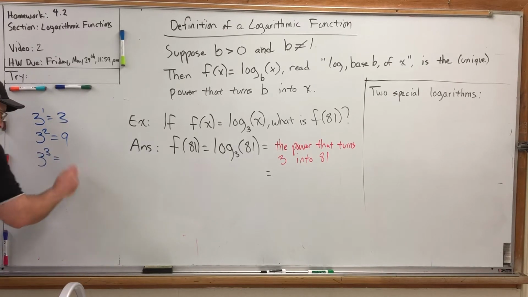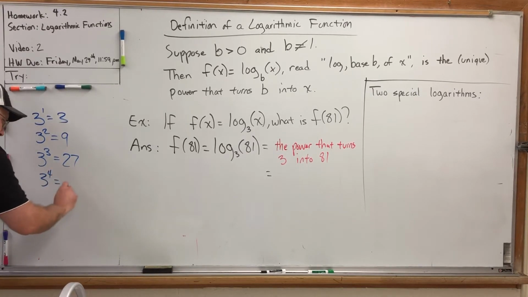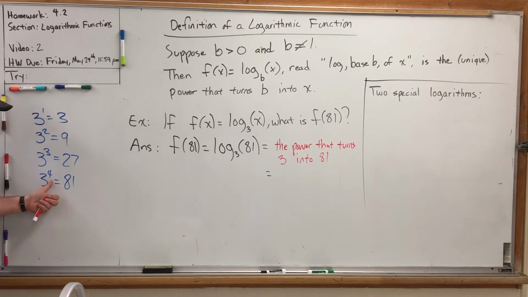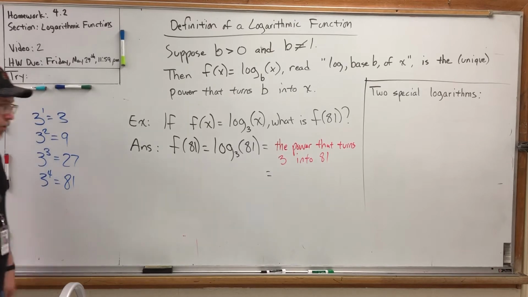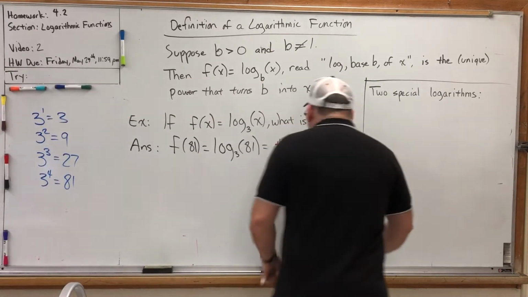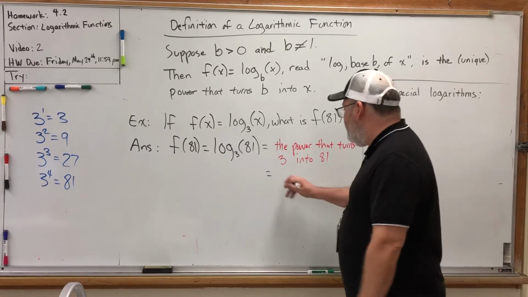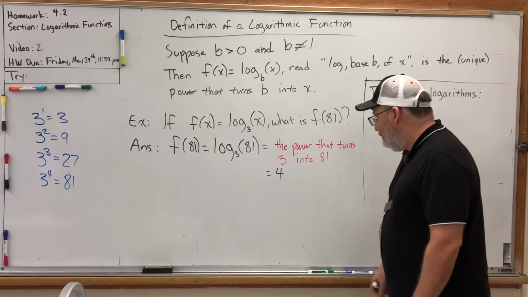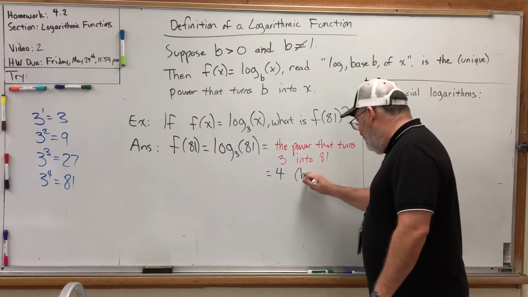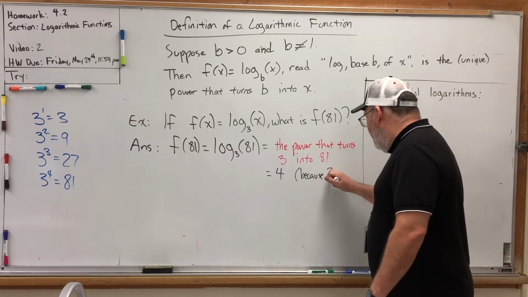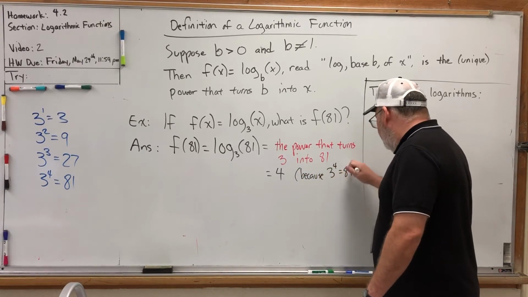Now, you may want to use a calculator to do some of these exponents, but 3 to the third power is 27, and when we get to 3 to the fourth power, that's 81. 4 is the power that turns 3 into 81. I'm being asked, what is the power that turns 3 into 81? And so the answer is 4. Because, not to sound like a broken record, 3 to the fourth power is 81.